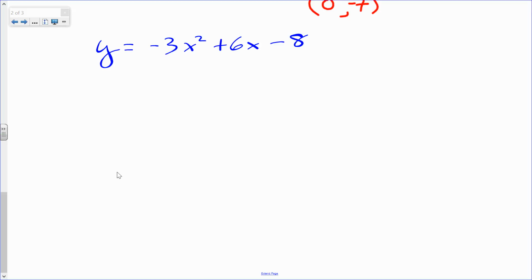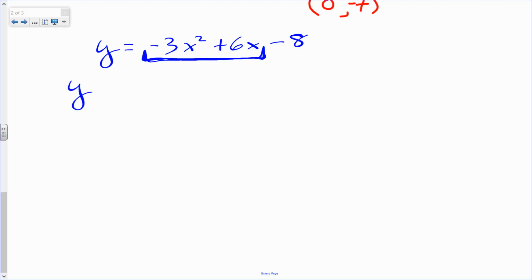All right. Let's do it. A is not 1. So look at the move now. Here's the move. These first two terms, what can I factor out that'll enable me to make a 1? 3. Watch this.